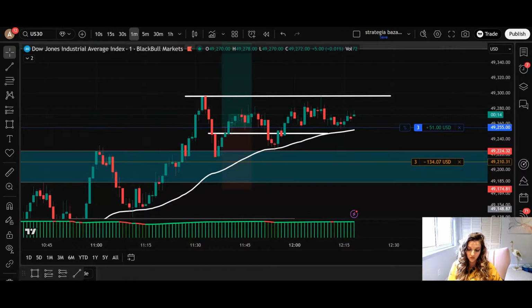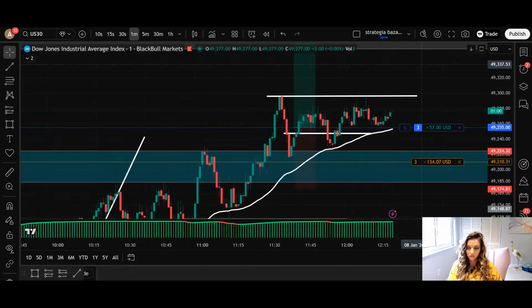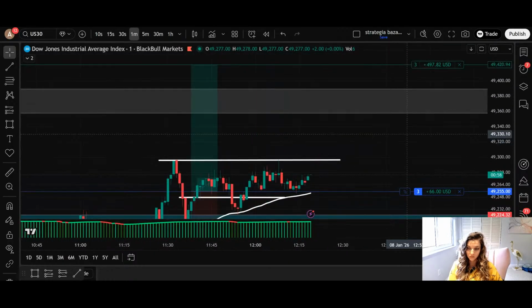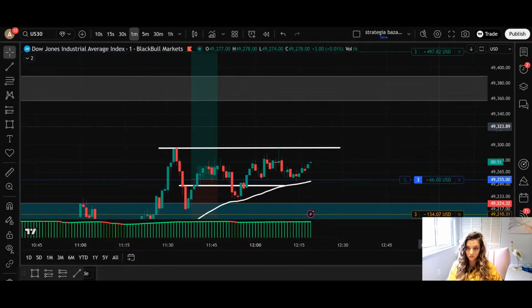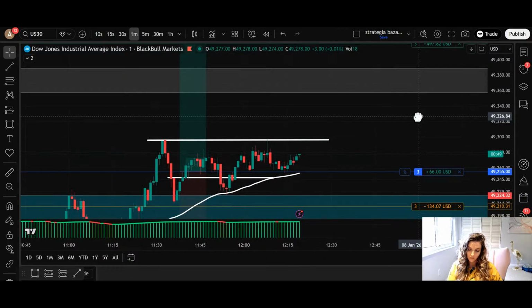Start moving very slow. Go up. We all want to go up. We all wanted to go up here.